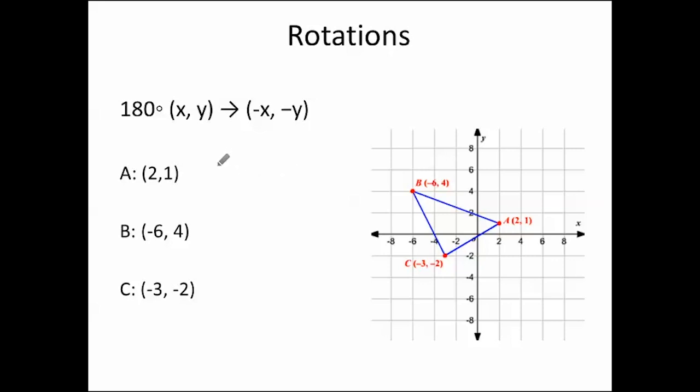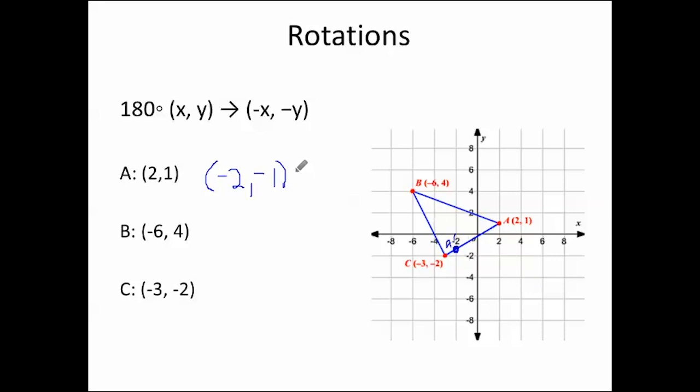So we are going to keep our x and y coordinates where they are, but they both are going to become negative. So 2, 1 will just become -2, -1. Which would plot to right there for our A prime.